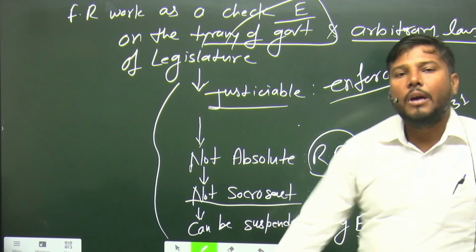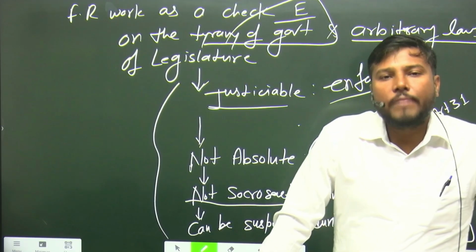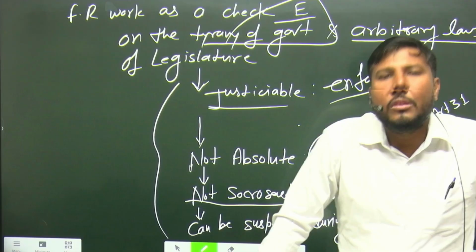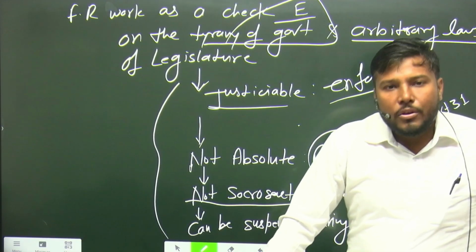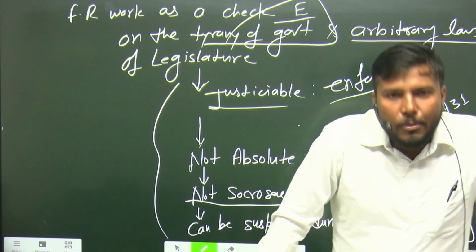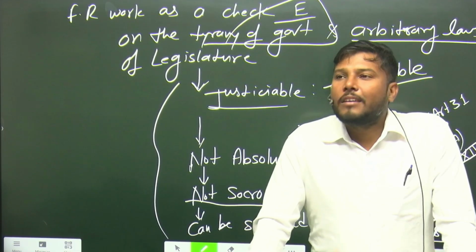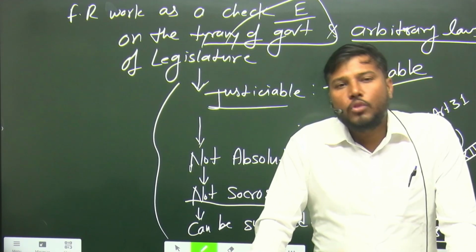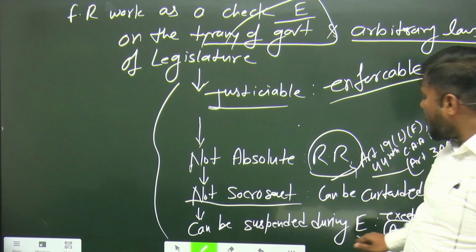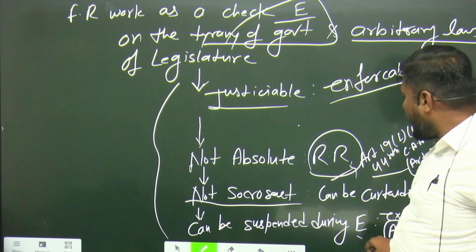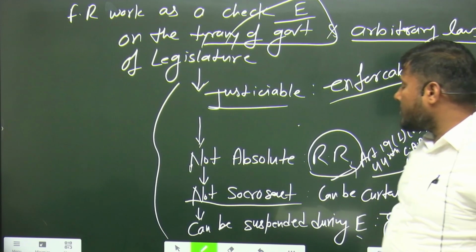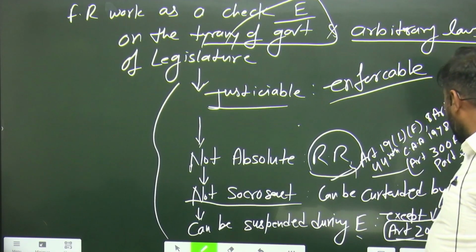But other than these articles, other fundamental rights can be suspended during the imposition of emergency. So we are a kind of emerging democracy, I would say. And from time to time, we need to pay attention to rationalize these things. My personal opinion is our fundamental rights must continue. They must be in force even during the emergency also, right?